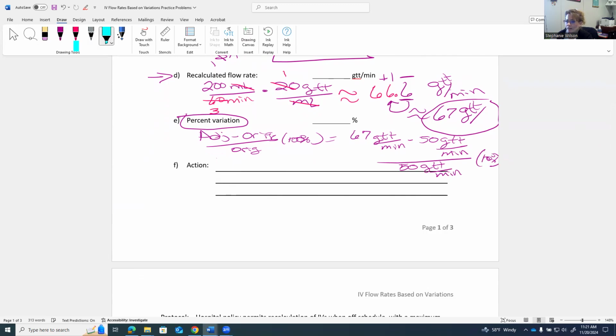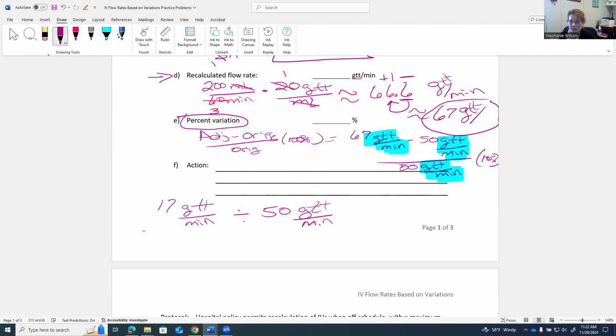Now, we cannot add or subtract if they're not common or like terms. And we got drops per minute minus drops per minute. They are alike. And then we divide it by this. The units actually reduce out because when we subtract these two, I got 67 minus that 50 gives me 17, right? So I got 17 drops per minute, all divided by that 50 drops per minute.